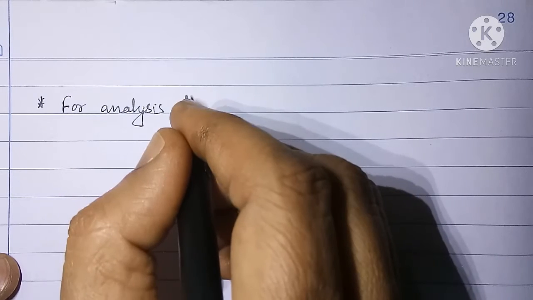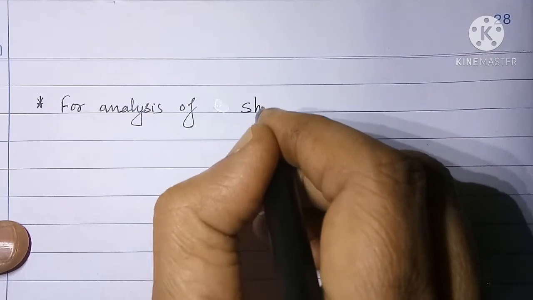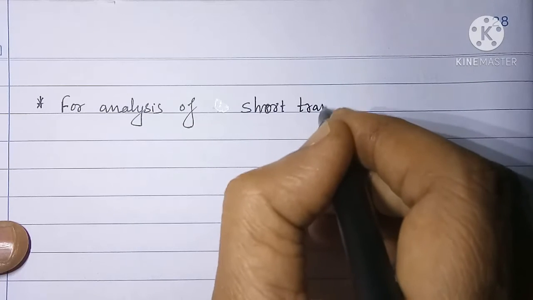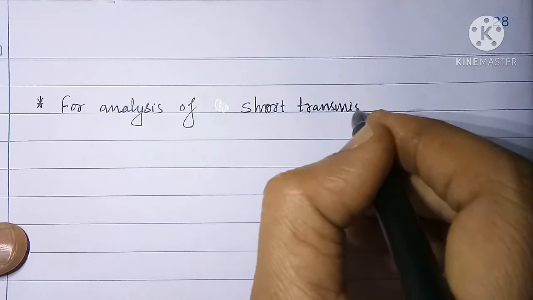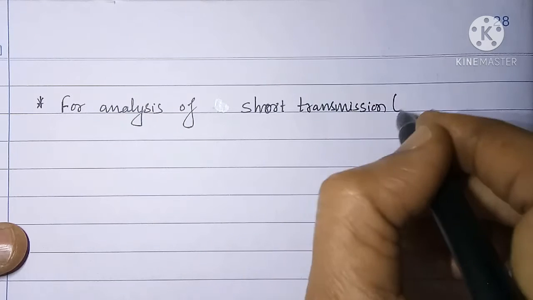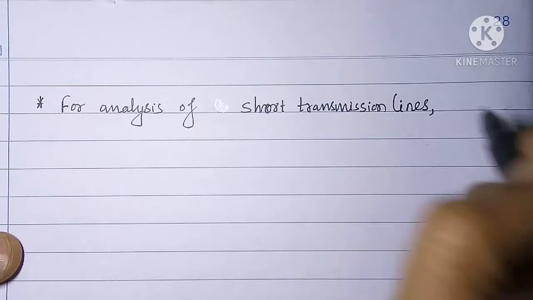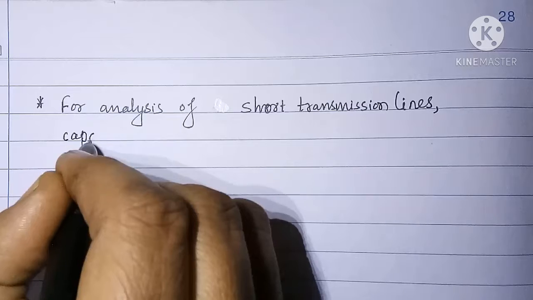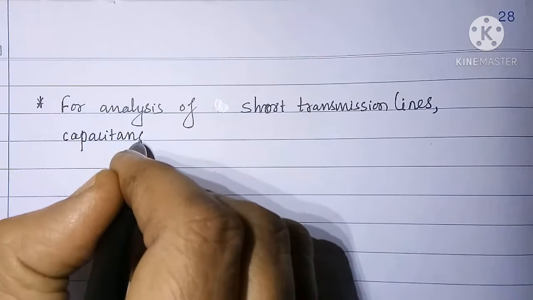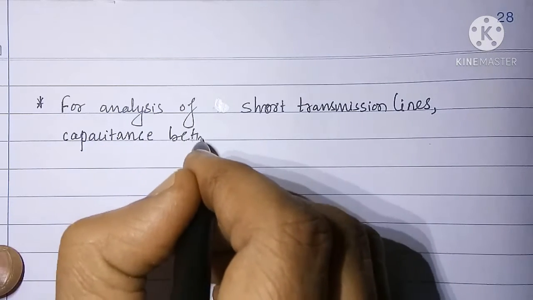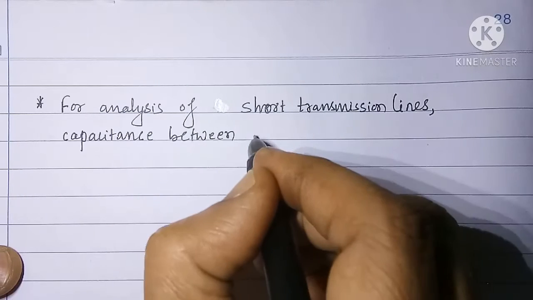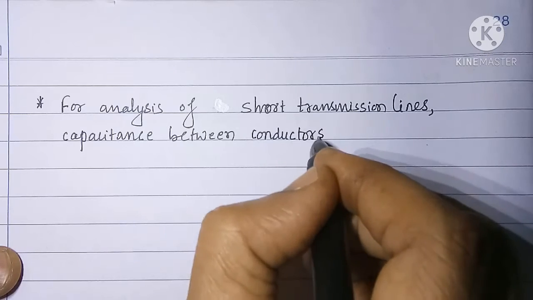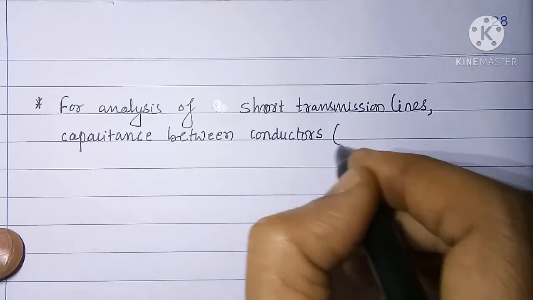For analysis of short transmission lines, capacitance between conductors, also called as what?